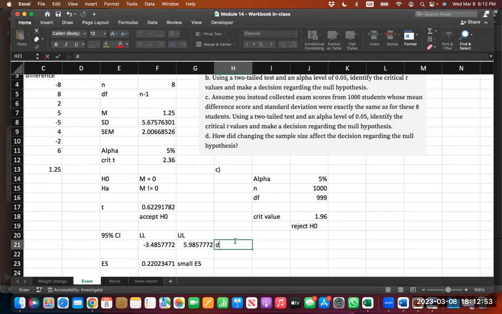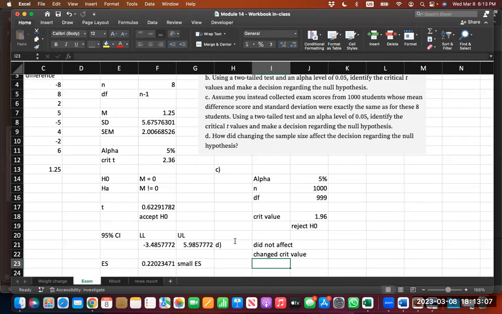So how did the sample size affect the decision? Question D: it did not affect the decision, it changed the critical value. So this is the effect that sample size has. Sample size will narrow your variability, notably the variability of your sample mean differences.